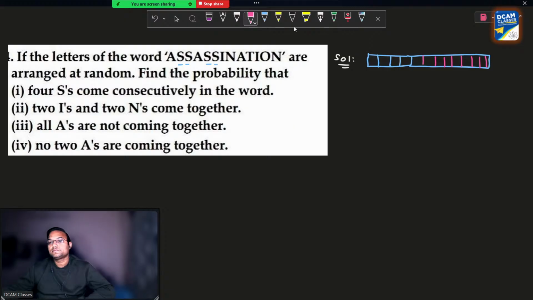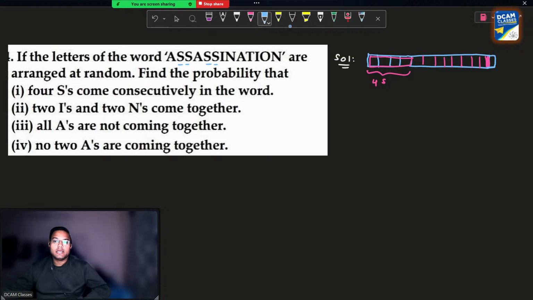Now the 4 S's have to come here, so we'll take this as a block.